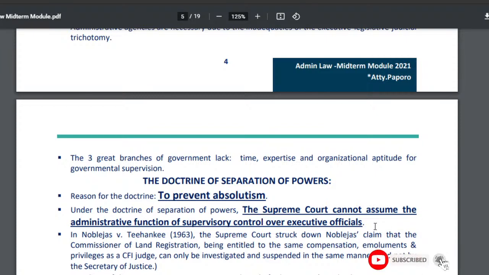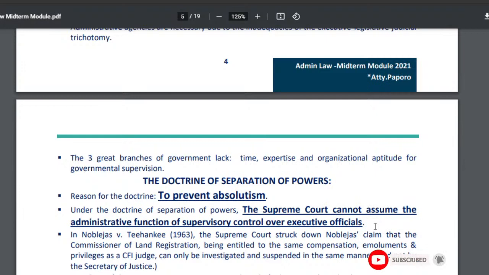Okay? Because even if the executive official is holding public function and, being public officials, if they are erring public officials, so therefore, they violated the law, therefore, since that particular violation has something to do with controversial something, so the Supreme Court na lugar ang mag-take over or must assume administrative function, dili pwede. Okay?